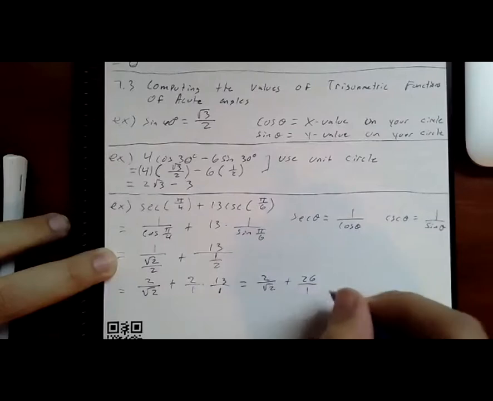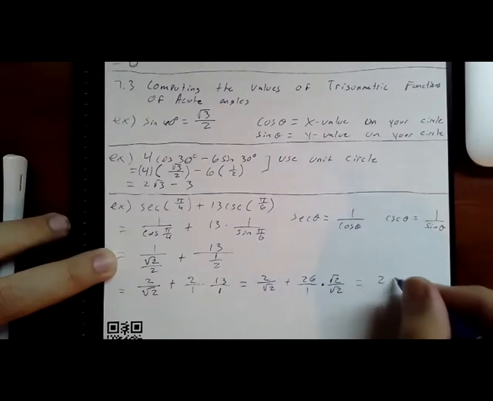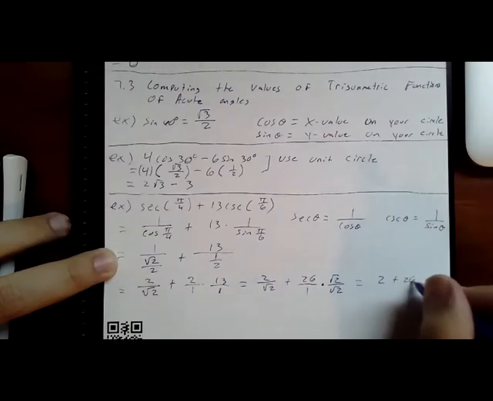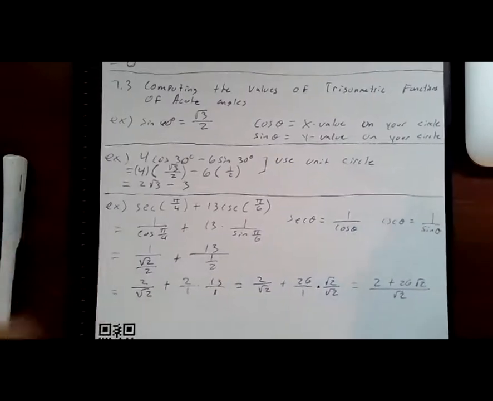We can combine that fraction by multiplying by root 2 over root 2, which would give us 2 plus 26 root 2 over root 2, which is as far as you can go. Yeah, there's nothing else we can do. It's not very pretty, but whatever. That's how it is.